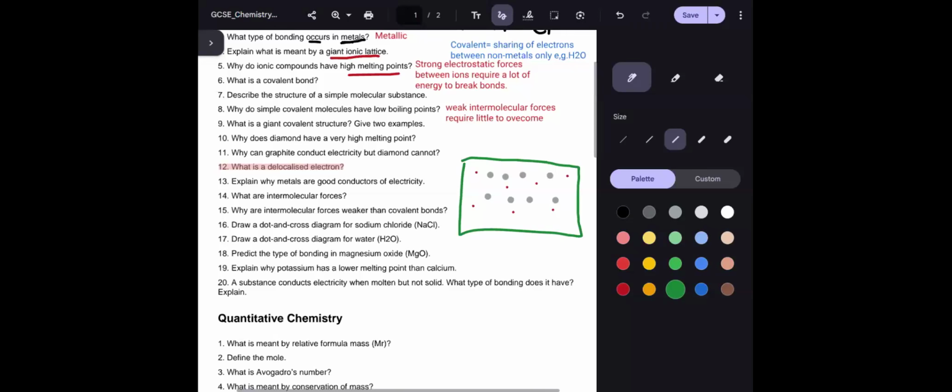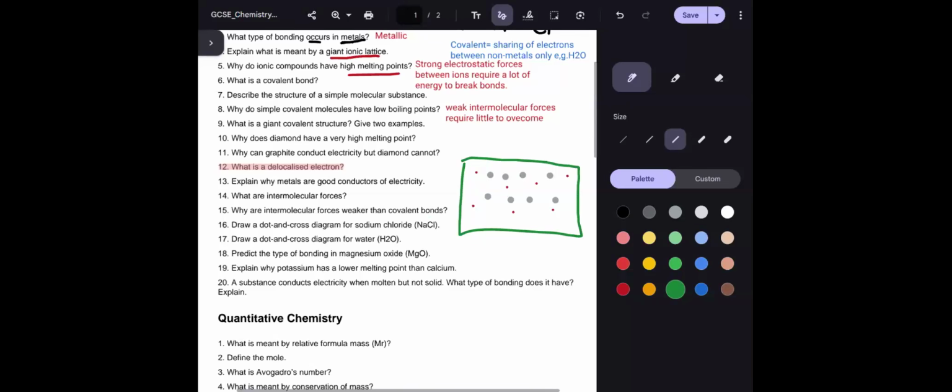It's when those valence electrons, these are valence electrons, right? They don't have any specific location. They are free to move around the metal structure. Can you see that? Yeah. Right.